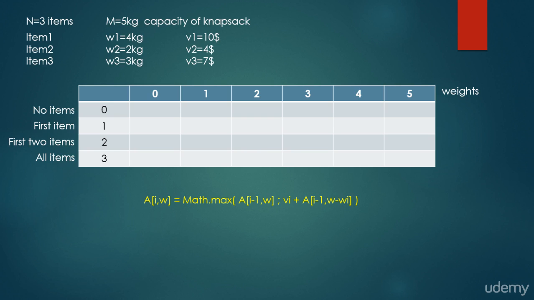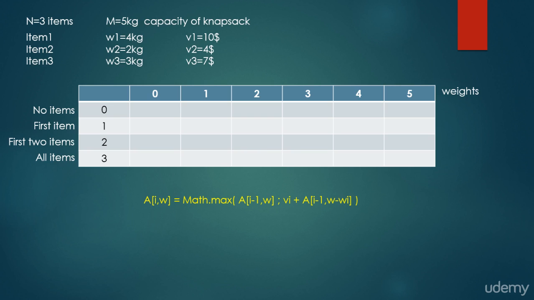Then we assume that we have the first two items, and we are going to rely heavily on the previous row of the knapsack table, and this is why we call it dynamic programming, because we rely on the previous row's information. So we keep updating row by row, and we come to the conclusion that we can get the feasible solution with the help of dynamic programming. Of course, we finally have to consider all items, item 1, item 2, item 3.